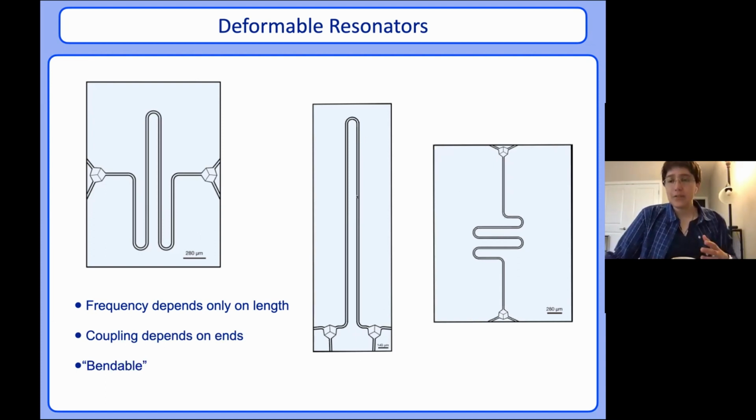So there's a native decoupling between distance and geometry on the chip where we actually realize the device, and the distance and geometry that is felt by the microwave photons propagating in the device.